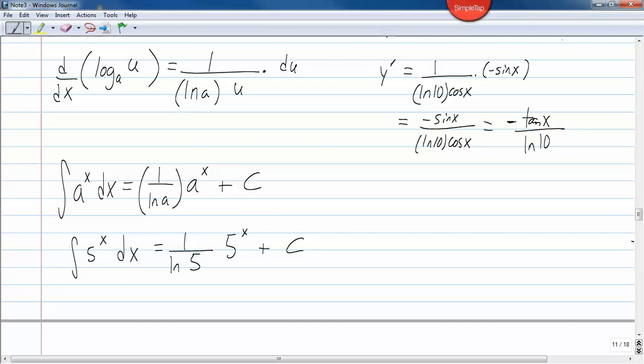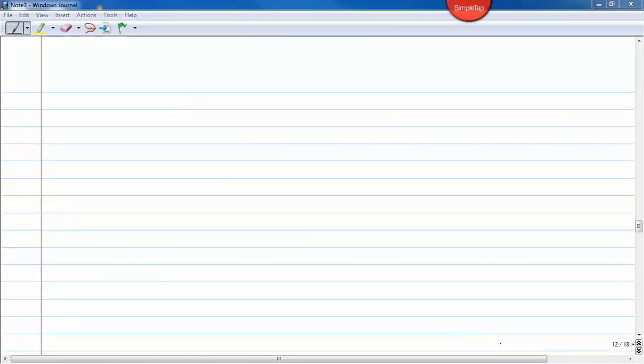As long as you follow these formulas, you should be good with these derivatives and integrals. They're kind of similar to the e to the x derivatives and integrals, just a little different. One place that you can get e to the first power is by looking at the limit.